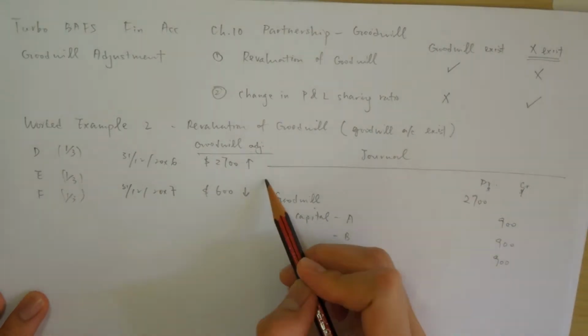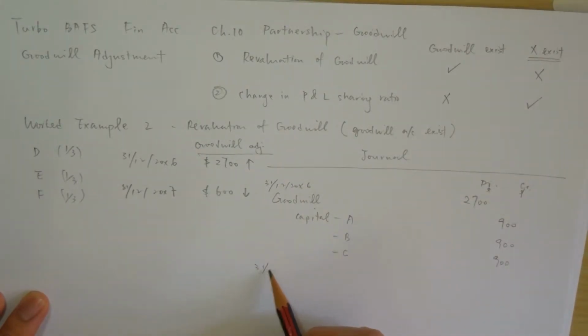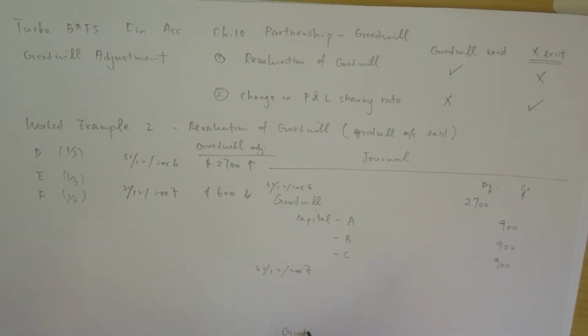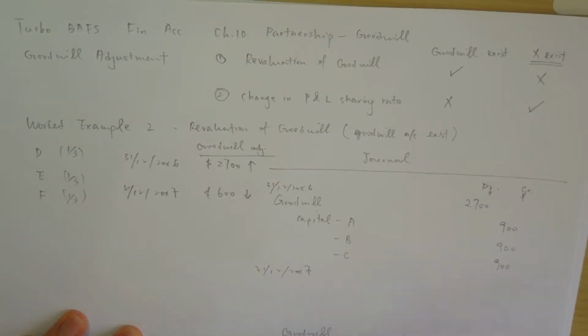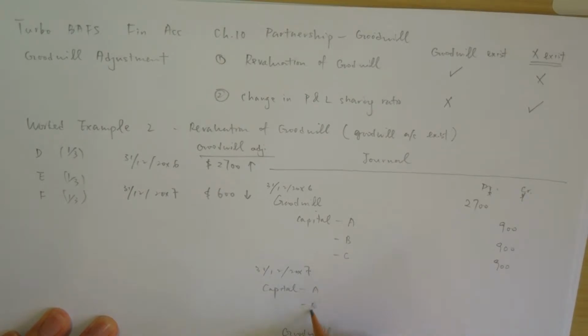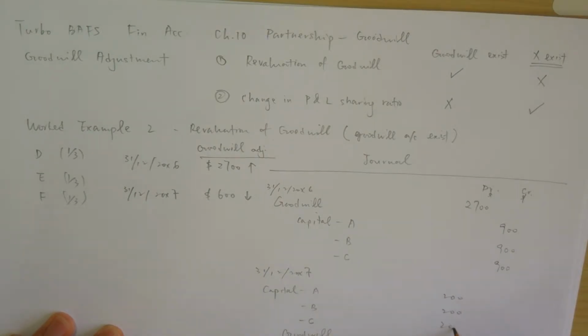And for 31 December 20X7, because the goodwill needs to decrease, we credit the goodwill by 600, and for the capital accounts we debit them, divided by 3, that means each one will be 200.